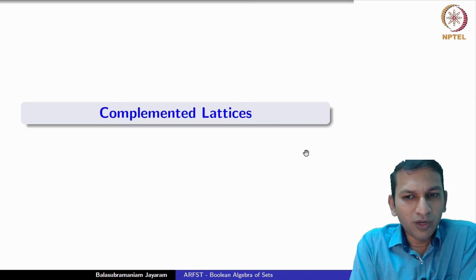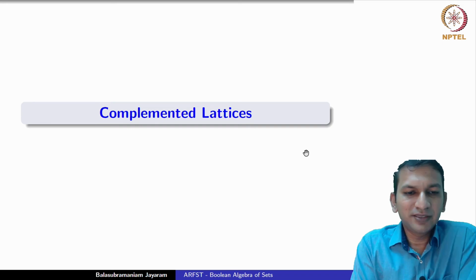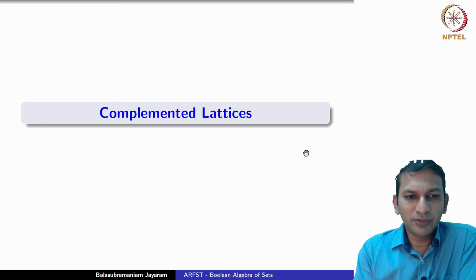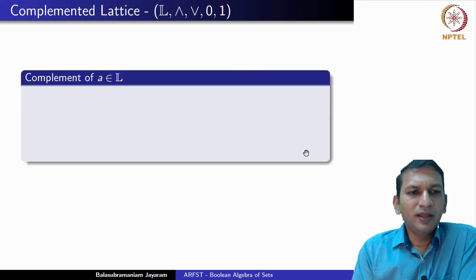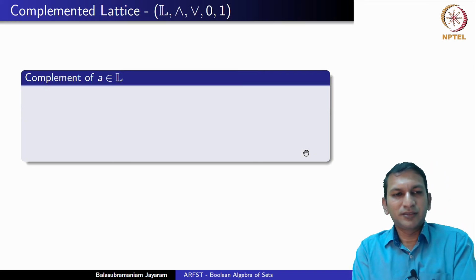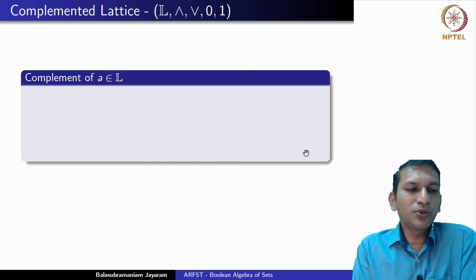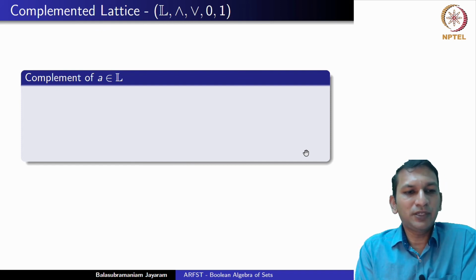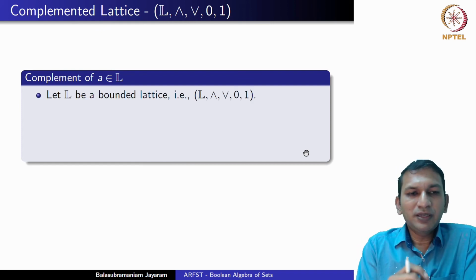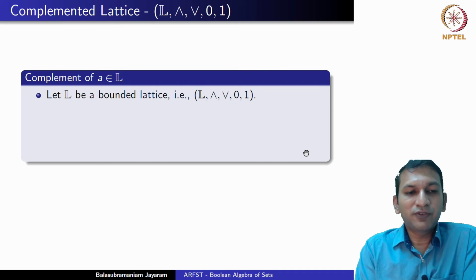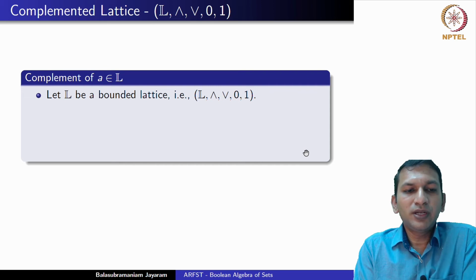Let's look at one more special kind of lattice before we move to Boolean algebra, which is the complemented lattice. Now, what's a complemented lattice? To understand this, first let's look at what is the complement of an element. Complemented lattice or complement of a lattice can be discussed only in the context of bounded lattices.